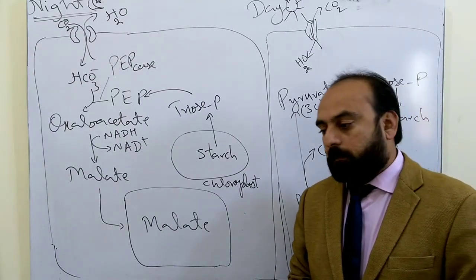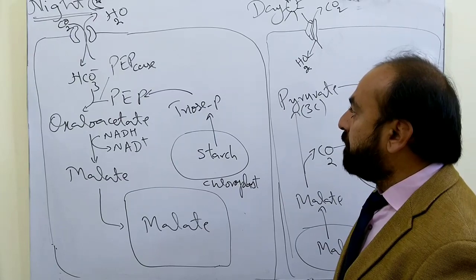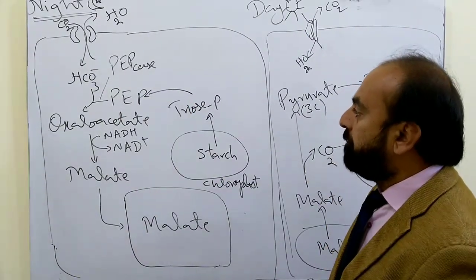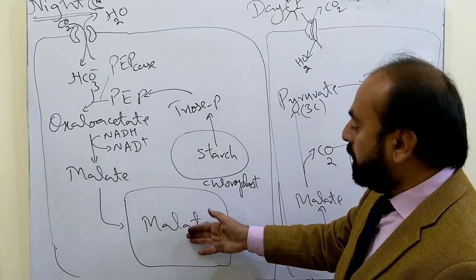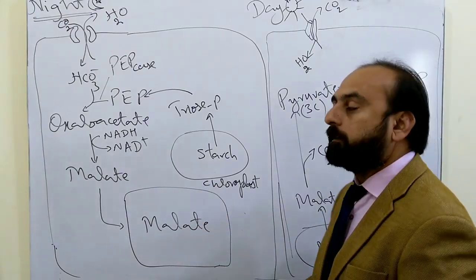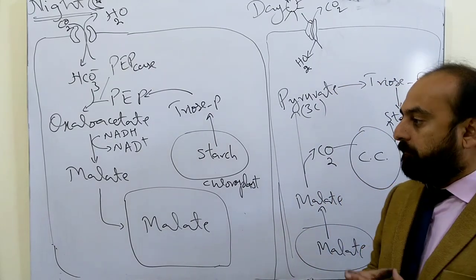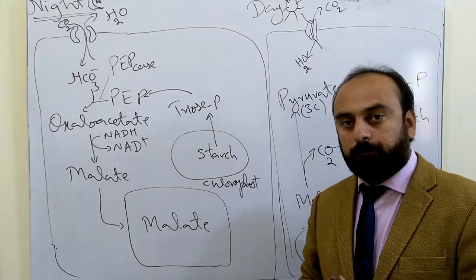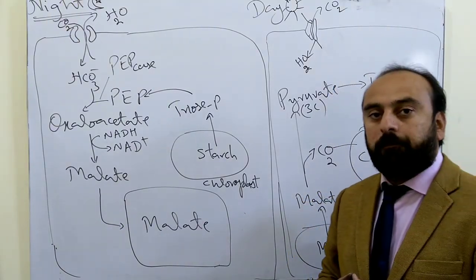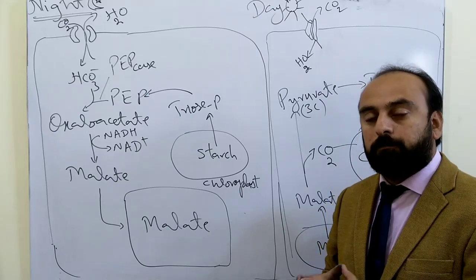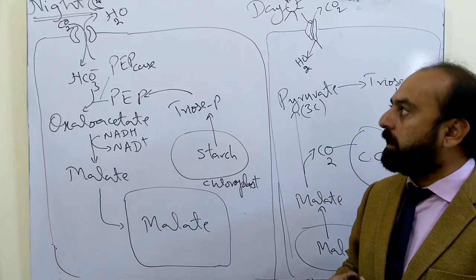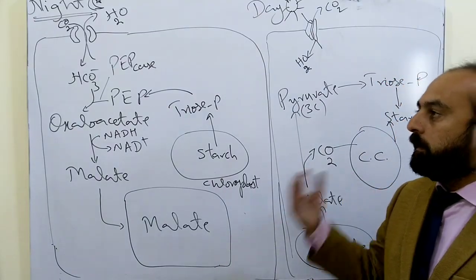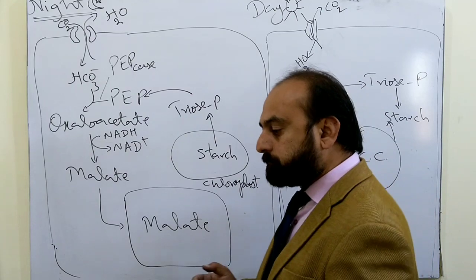But there is some additional energy cost involved in the CAM pathway for the generation of phosphoenol pyruvate or for accumulation of malate. For 1 molecule of carbon dioxide fixed, in C3 plants we need 3 ATP and 2 NADPH. In C4 we need 5 ATP and 2 NADPH, whereas in CAM plants we need 6.5 ATP and 2 NADPH. So there is an additional cost for this.